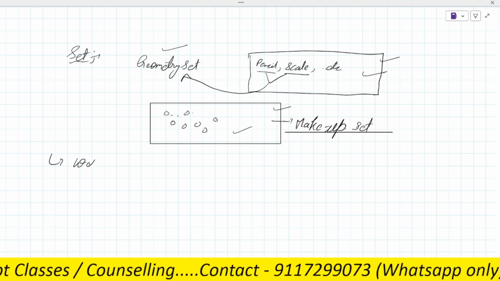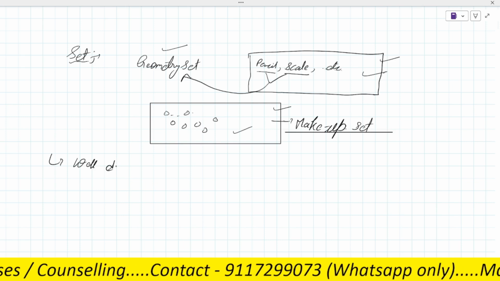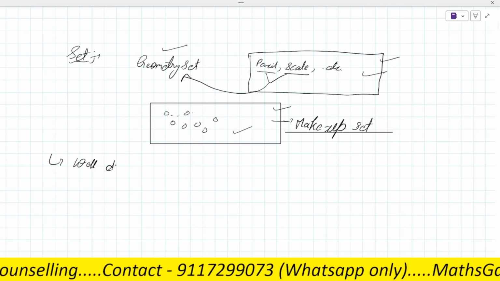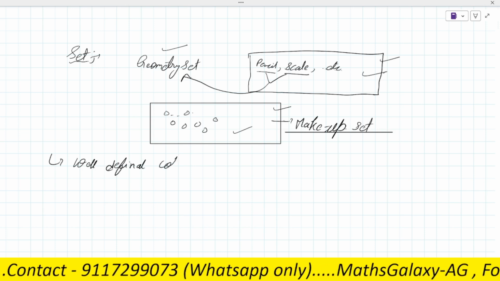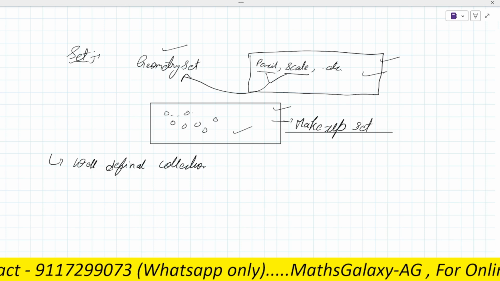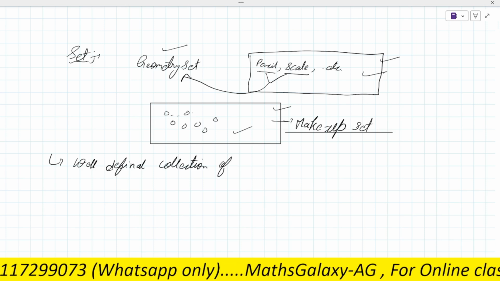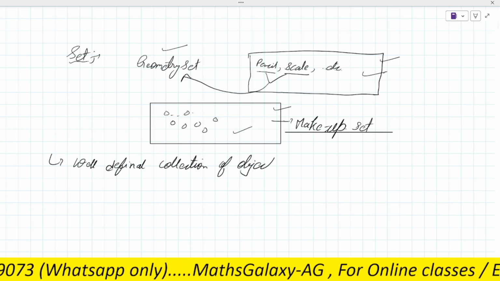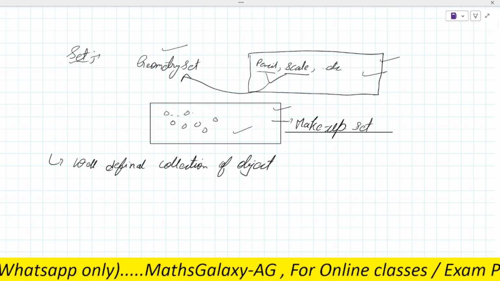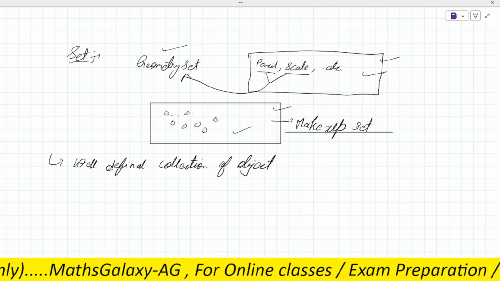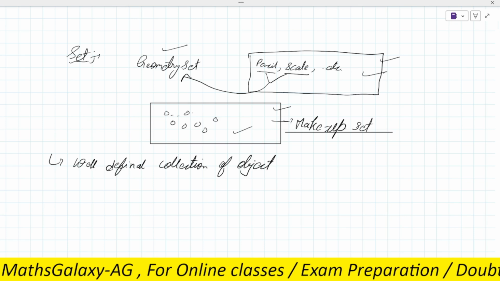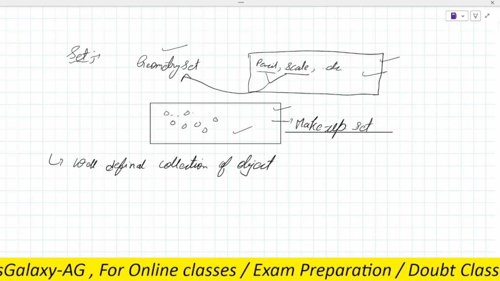It will be well defined, or a defined collection of objects. All objects here are well defined and related to that particular field. So that collection of objects is known as a set.